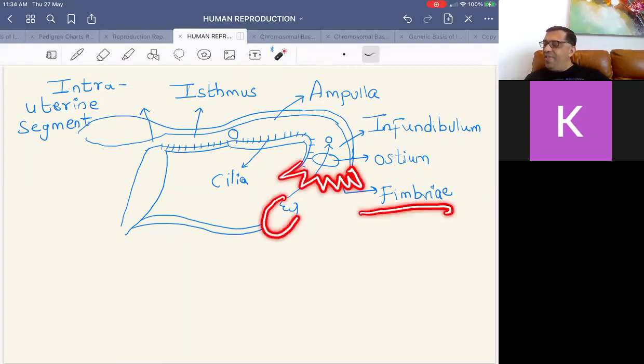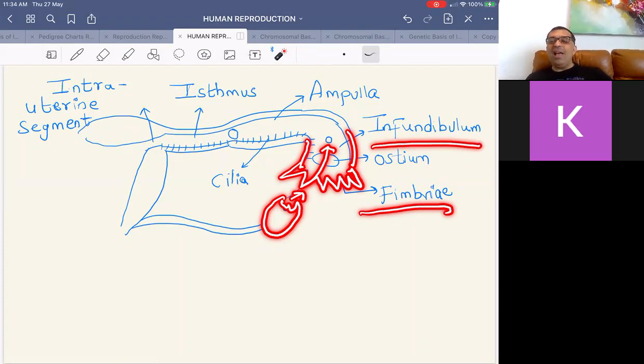When the ovary releases the egg, it is these fimbriae that move and suck the egg into a big dilated part, which is called the infundibulum.